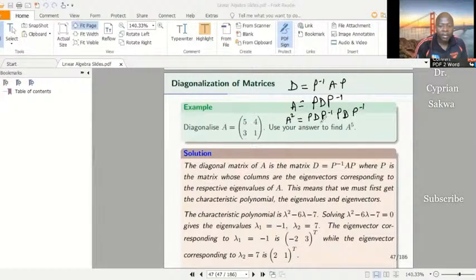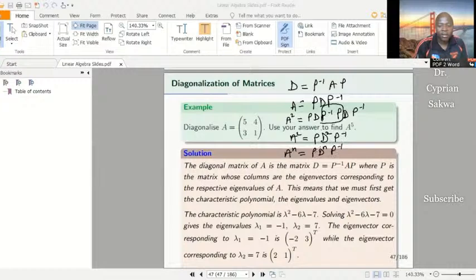And you realize that the P times its inverse in the middle is the identity. So now A square will be given by P D square P inverse. In other words, if I'm given A raised to n, I can write this as P D raised to n and then P inverse.